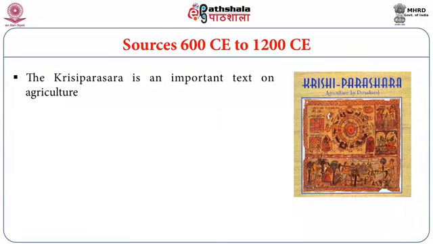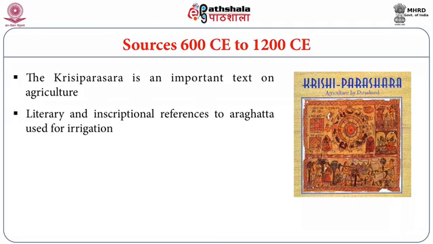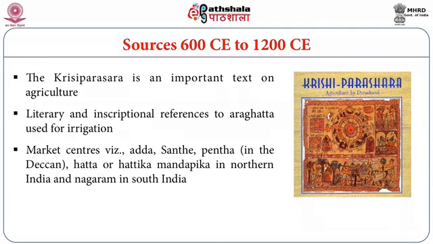The Krishi Parashara is an important text on agriculture. There are literary and inscriptional references to Orogatto used for irrigation. Market centers like Oddo, Sate, Penta in the Deccan, Hotto or Hottika, Mondopika in northern India, Nagaram in South India. Students, in this connection, we should take note of the word Orogatto.